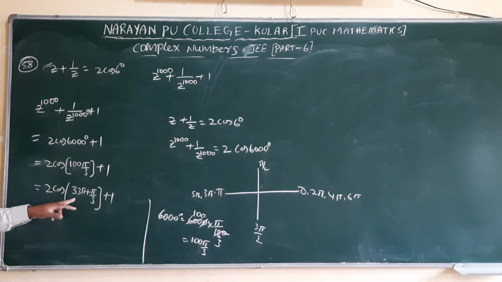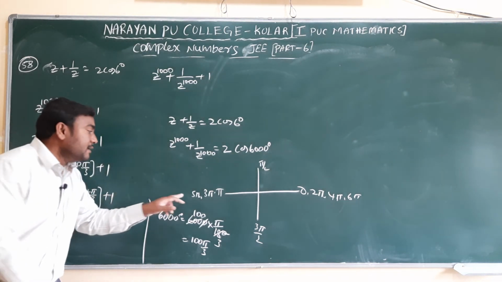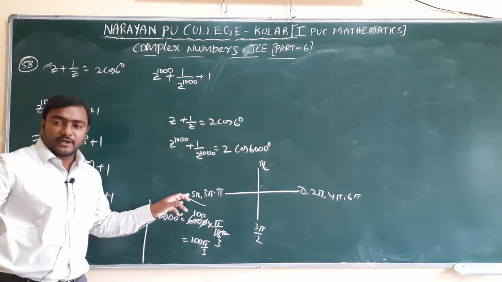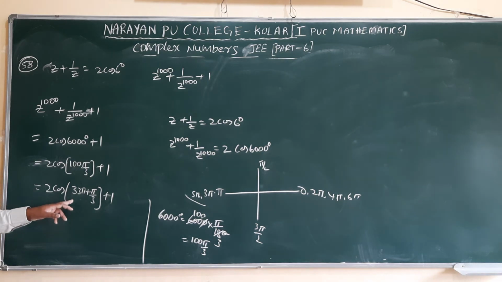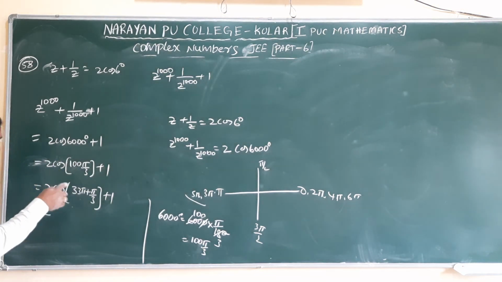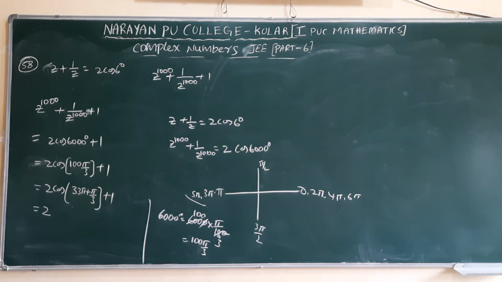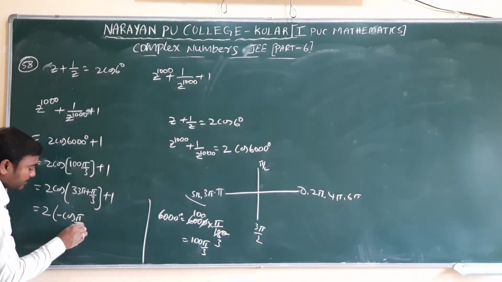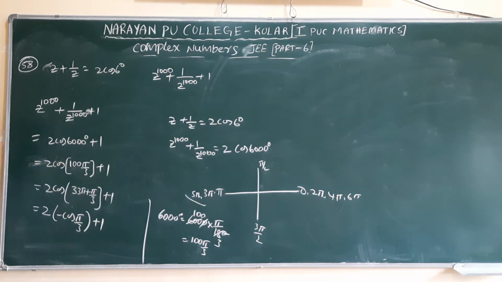33 is an odd number. 33 pi we are getting here. 33 pi plus theta, what do we get here? Only the third quadrant. So in the third quadrant, the cos value should be negative. Here 2 into cos of 33 pi plus theta is minus of cos pi by 3, plus 1.